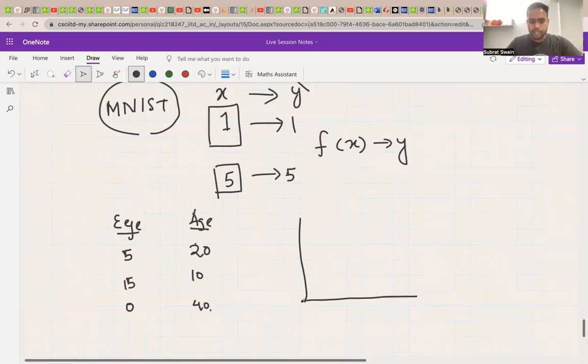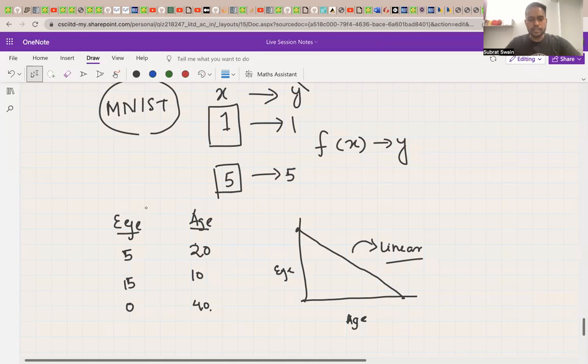At 0 it is 40. Suppose this is age and this is eye power. With age, the eye power is reducing. So if you put a line, it will be linear.